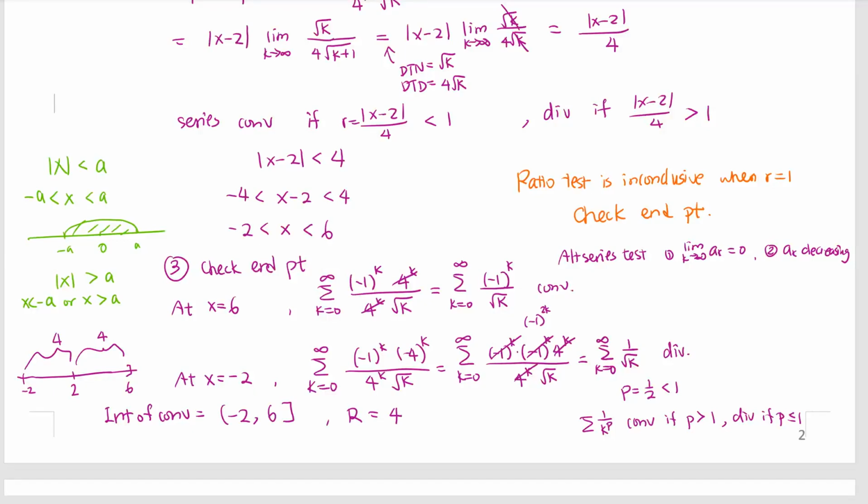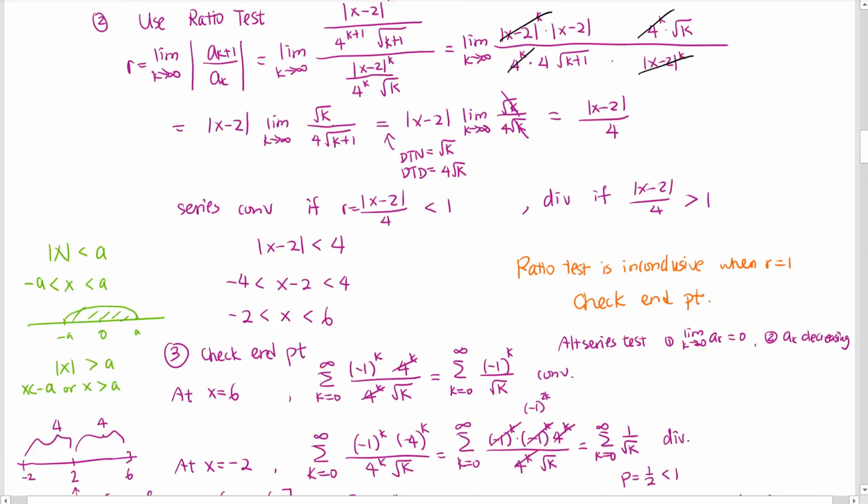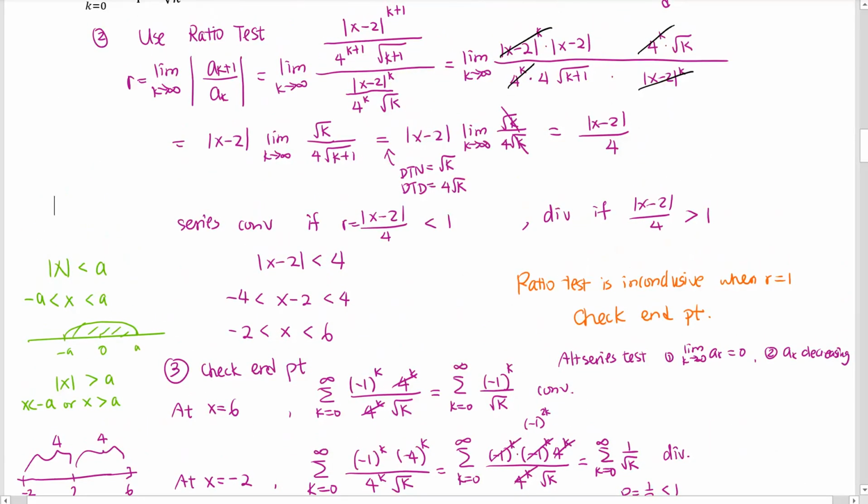So you can always draw the picture and it helps you to understand. Okay, we have the center, which is 2, and then the interval of convergence from negative 2 to 6. So the radius of convergence is 4. Now we see this is an example of case 2. Remember, in the first case, the interval of convergence is all real numbers, negative infinity to infinity.